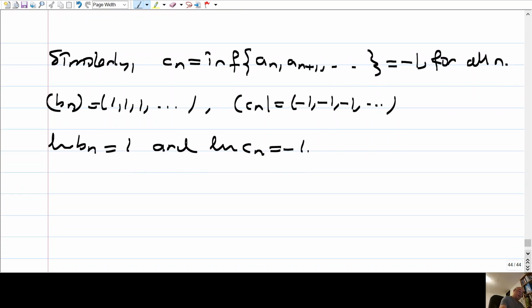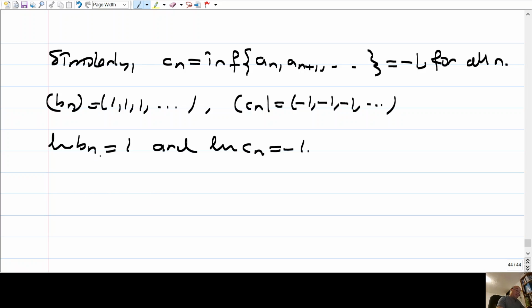These limits have names, right? So let me write it as a definition. But before the definition, when will these limits exist?